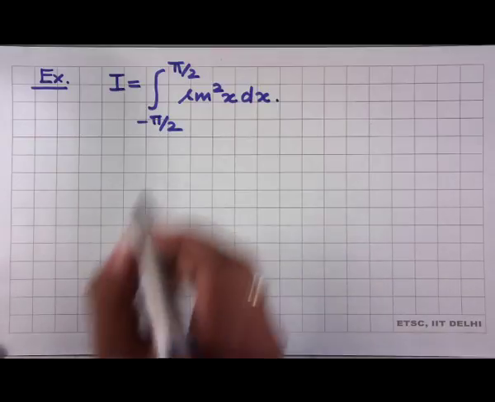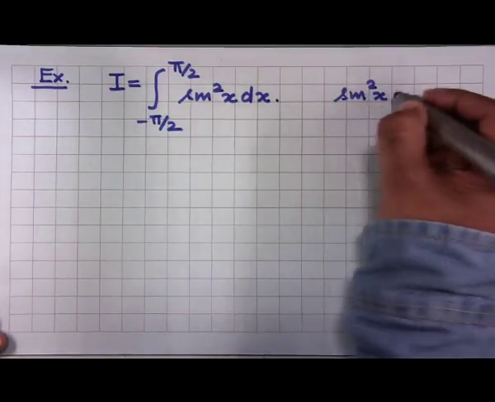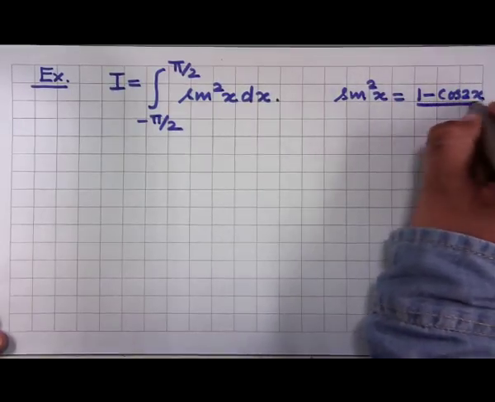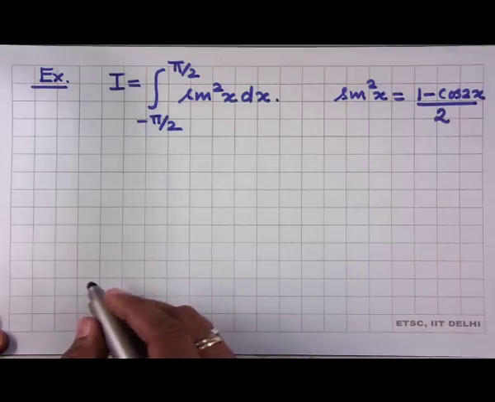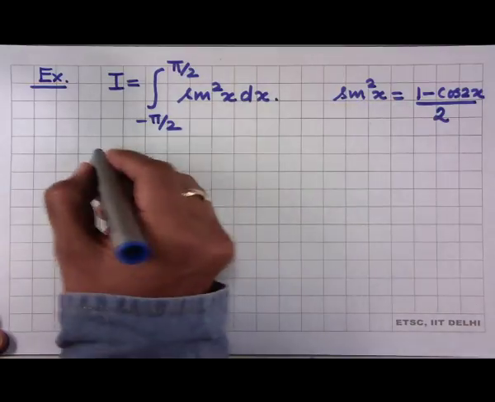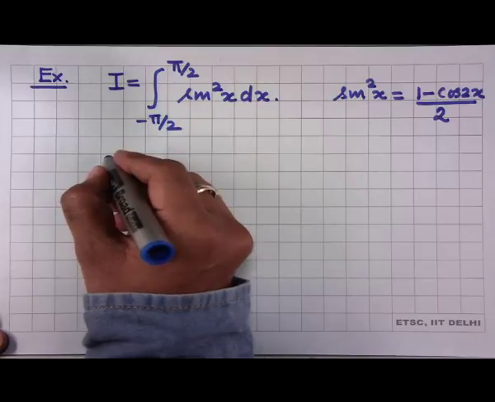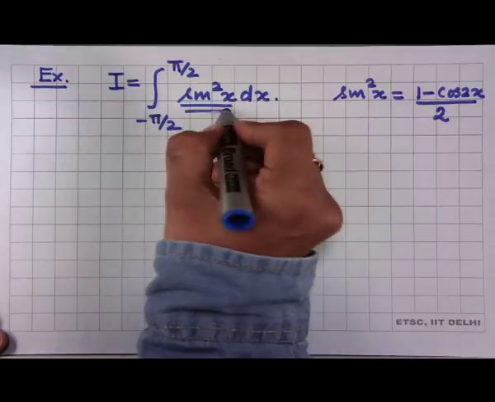One simple approach to solve this problem is to replace sin square x by (1 minus cos 2x) by 2. I am not going to use this approach. Instead, I will be using properties of definite integrals. So let us see whether this function is even or odd.